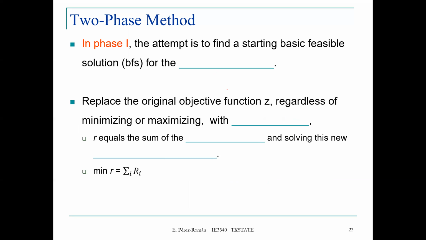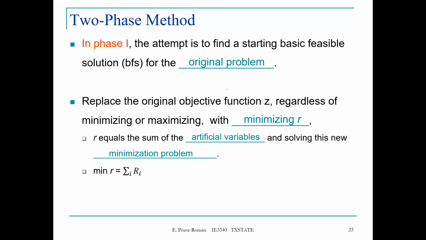In phase one, the attempt is to find a starting basic feasible solution for the original problem. And as stated earlier, we replace the original objective function z, regardless of whether the original problem is minimizing or maximizing, with a new objective function which is going to minimize r, where r equals the sum of the artificial variables.